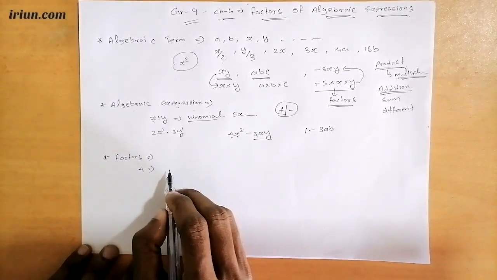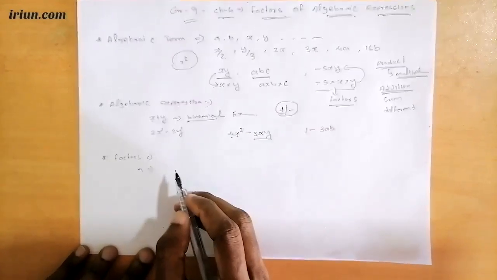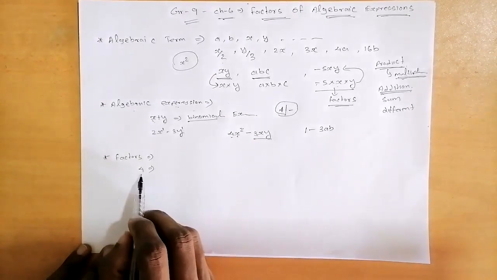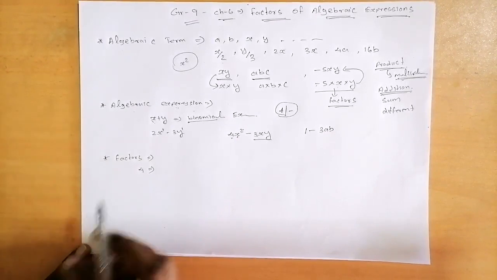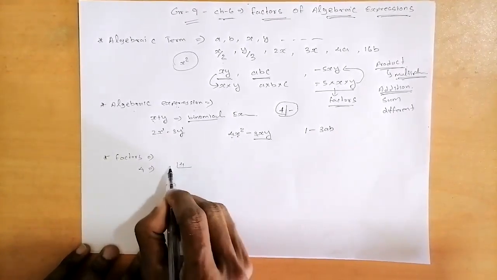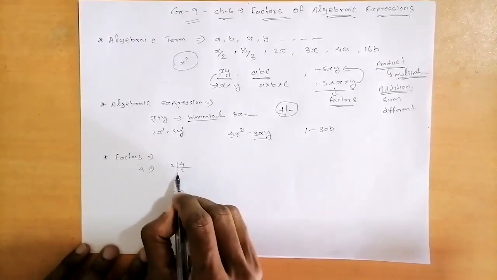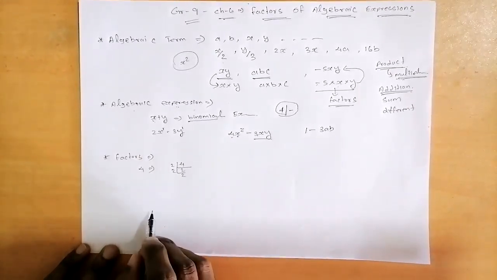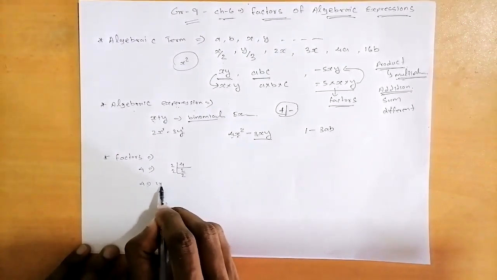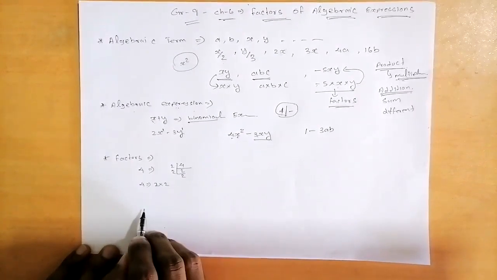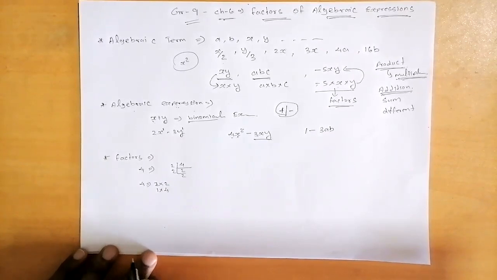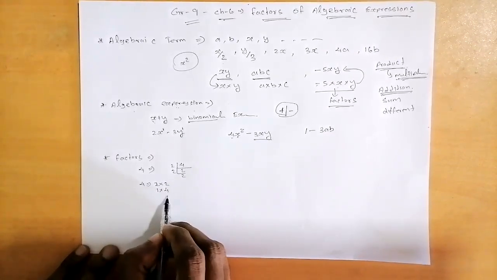If you write the product, or divide the number by prime numbers, 4 divided by 2 gives 2, and 2 divided by 2 gives 1. So we can write the factors of 4 as 2 into 2, or otherwise 1 into 4. The number itself is also a factor.